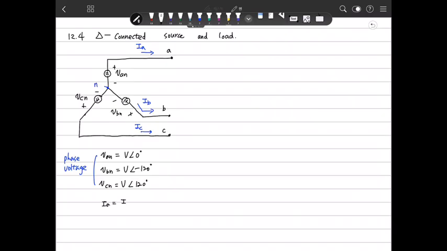IA is I at maybe theta. IB is the same magnitude when the load is balanced, at minus 120. IC is the same, at plus 120 degrees, in this manner, because this is a phase current. In the case of Y connections, the current and voltage are defined in this manner.